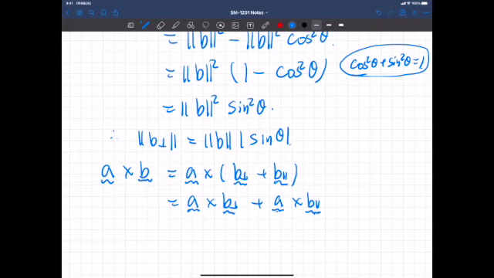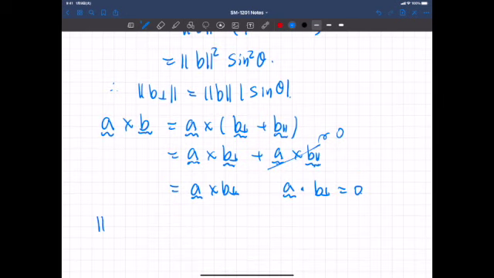So this cross product becomes 0. So we are left with this. And remember, A dot B perpendicular is 0 because of the way we made B perpendicular, right?